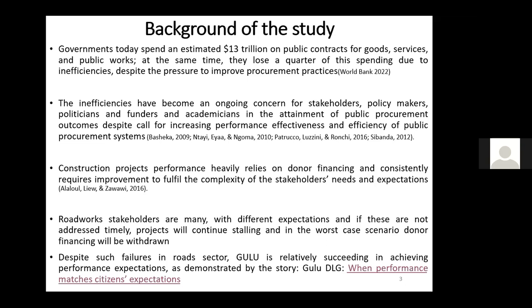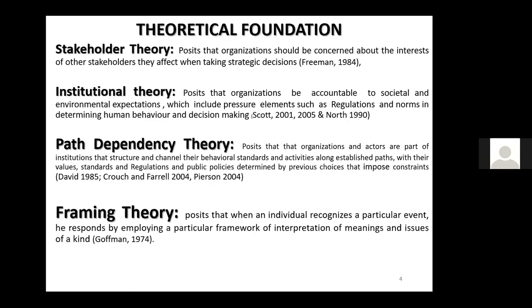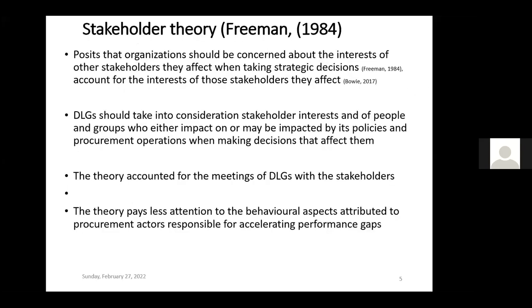Chair and members, we deploy four theories: stakeholder theory, institutional theory, path-dependent theory, and framing theory in order to understand Gulu's performance. For instance, stakeholder theory posits that organizations should be concerned about the interests of the stakeholders they affect when taking strategic decisions, because these stakeholders account for their interests, which they do affect.